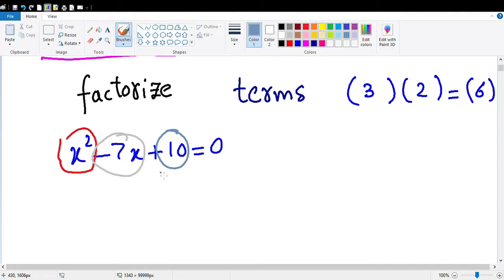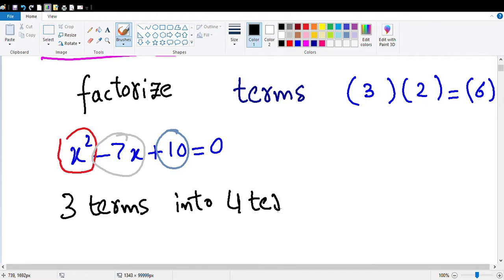So these are 3 terms, and what we're doing is converting 3 terms into 4 terms. We split the middle term basically, right? We split it into 2 terms in such a way that those 3 terms become 4.